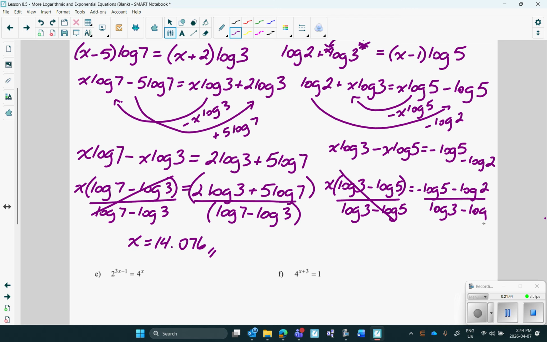Now we're ready to use our calculator. This one, I'll just give it to you. This one works out to 4.508. Okay.